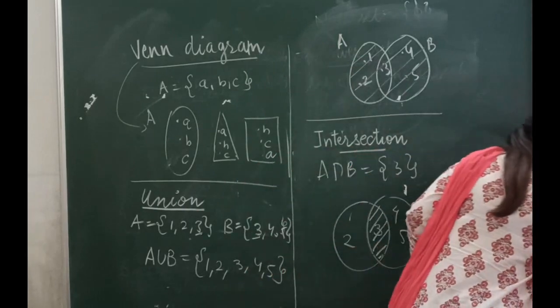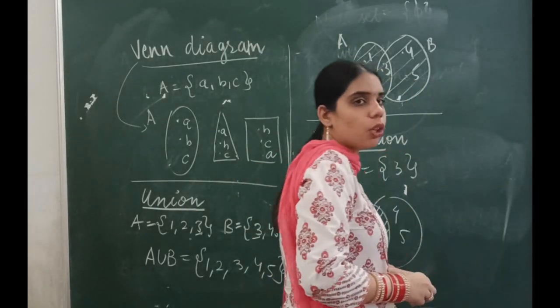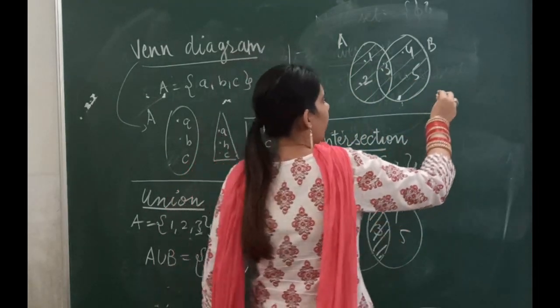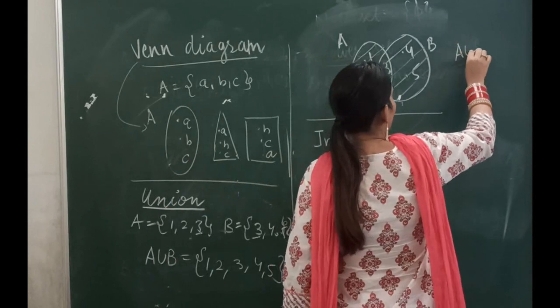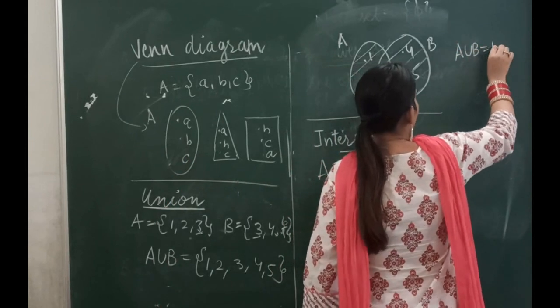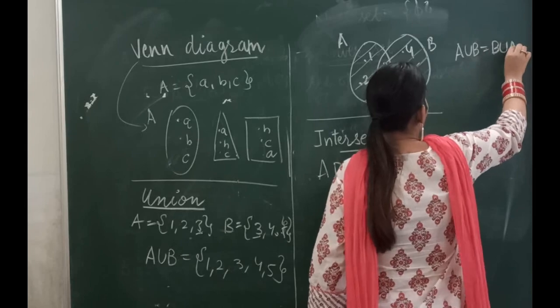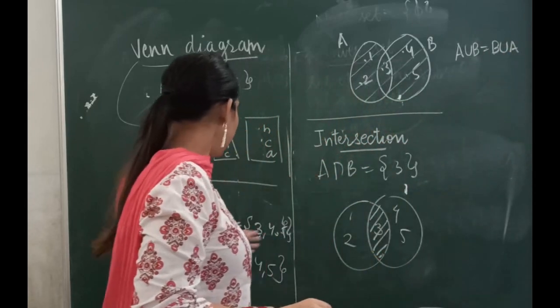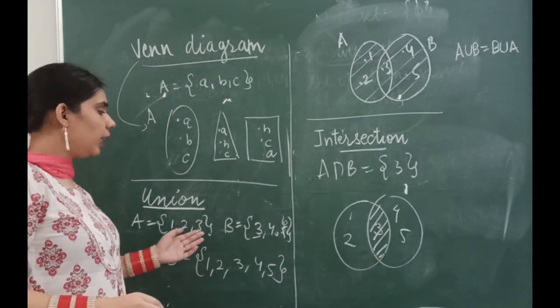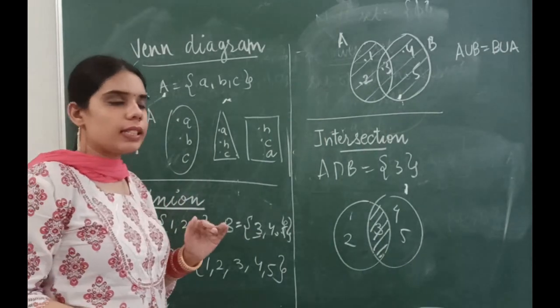Now let us see some of the properties that are commonly used. Here A union B is always equal to B union A. या तो आप A union B निकालो या फिर B union A निकालो, it's one and the same thing.